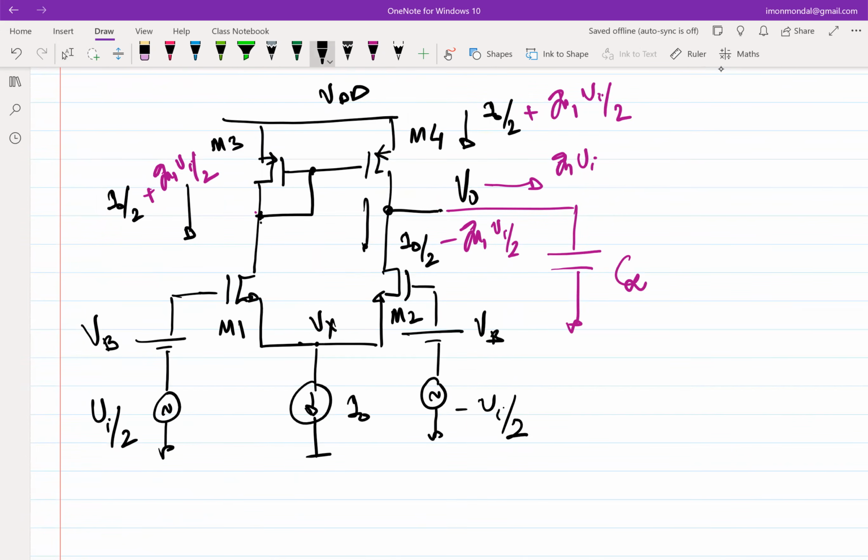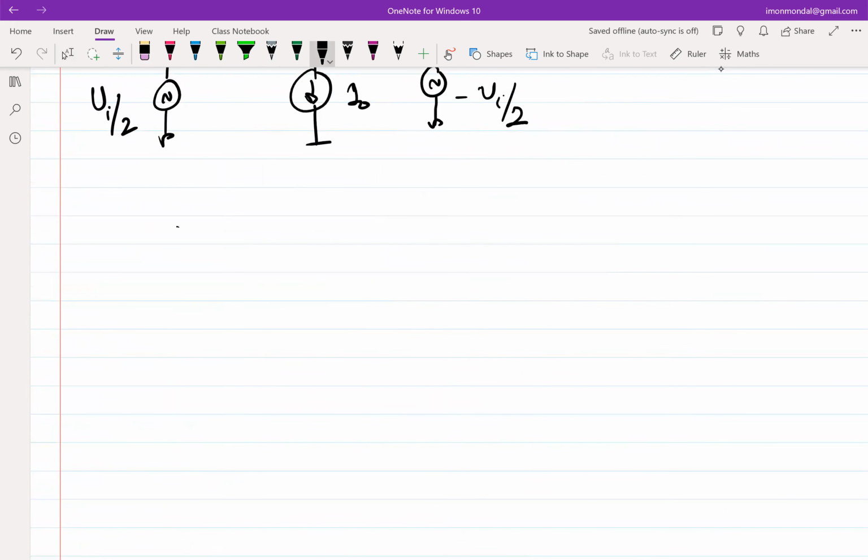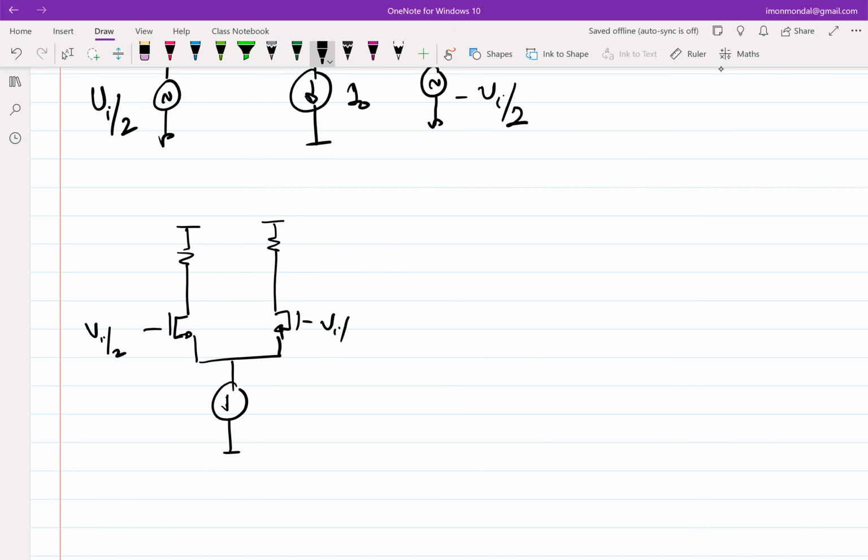So when you had this configuration, the incremental short circuit current in each of these was GM1 Vi by 2, and this was flowing this side, and this was GM1 Vi by 2 flowing that side.